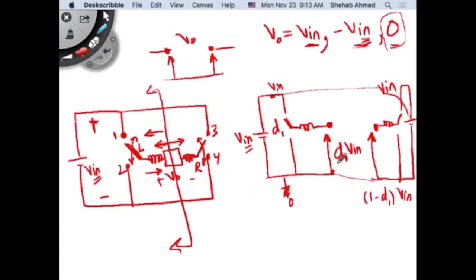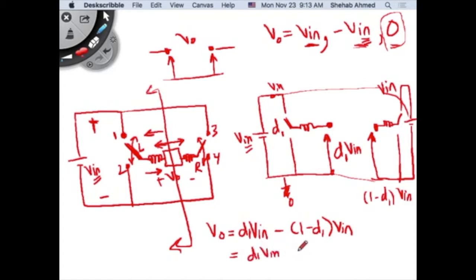So on one side I have D1 times V input. The other side I have 1 minus D1 times V input. So what is V output? V output is the difference between the two. So V output is equal to D1 times V input minus 1 minus D1 times V input. So it's equal to what?